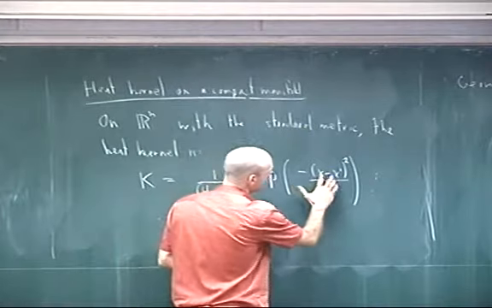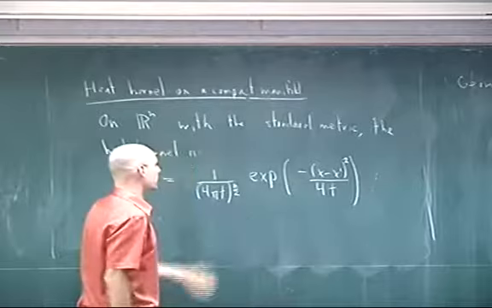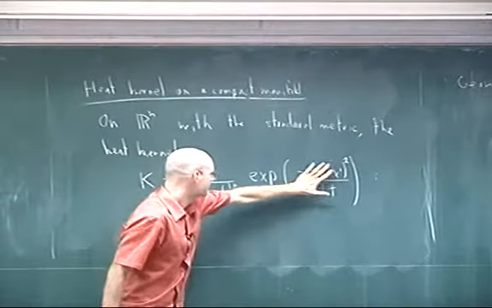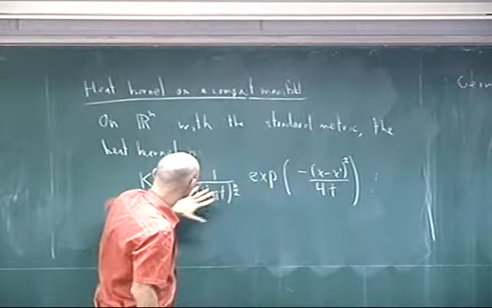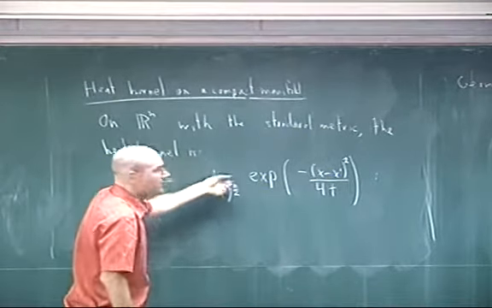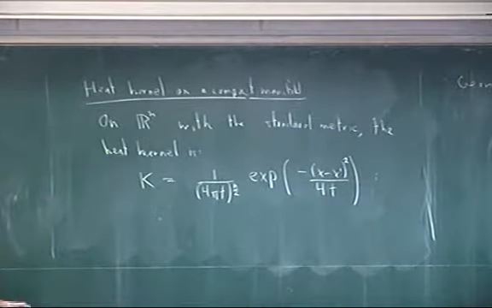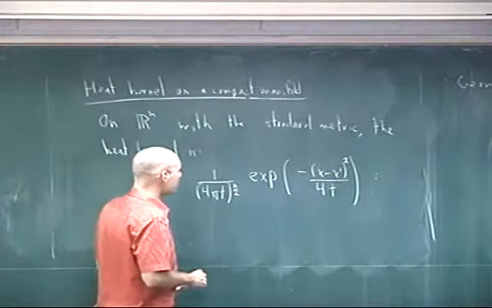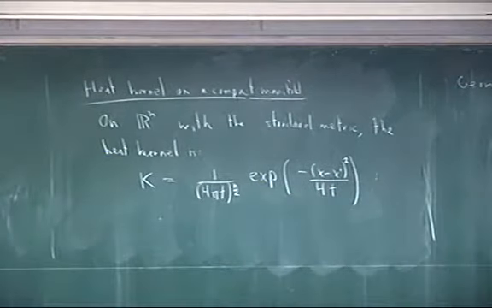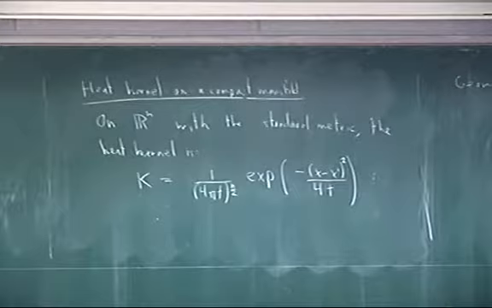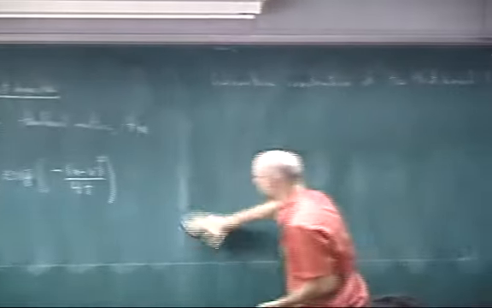But on the other hand, if x and x prime are equal, so if you lie on the diagonal, then this will be 1, and so that will not cancel the singularity over there. So it will be singular near the diagonal, and it turns out that the appropriate space where you can think of this as a smooth function somehow is to blow up the diagonal at time 0.